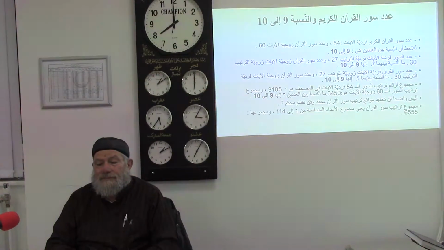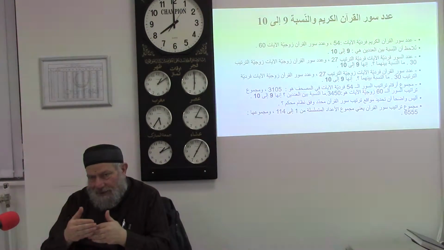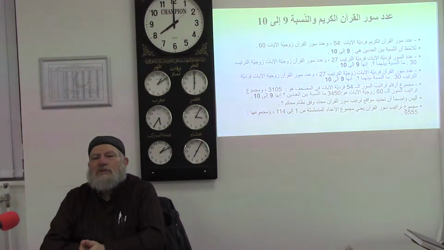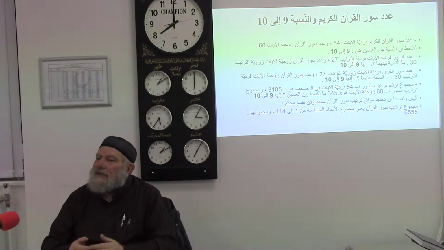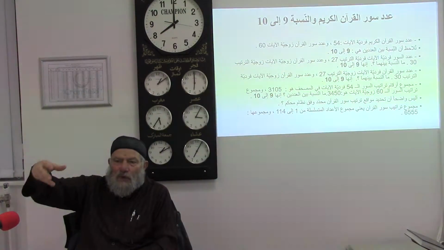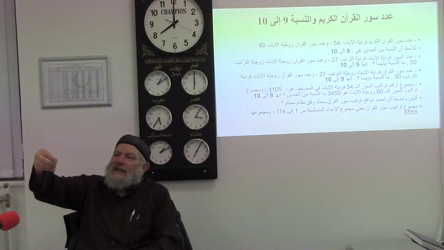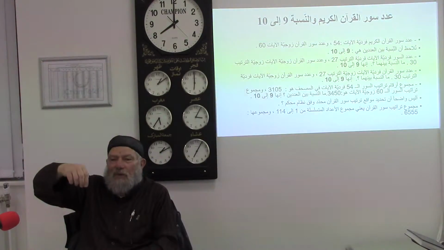Now, we'll divide this into another step. We said the surahs which have an odd number of ayahs are 54. Now we'd like to see which of these surahs have an odd order and which have an even order.